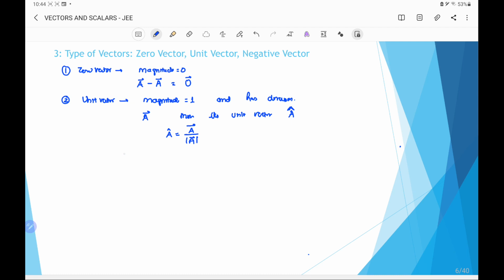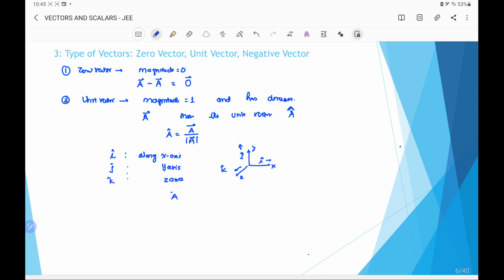Three specific unit vectors are i, j and k, and these unit vectors are along the x-axis, y-axis and z-axis respectively in a three-dimensional coordinate system. So i is along the x-axis, similarly j represents the y-axis and k is along the z-axis.